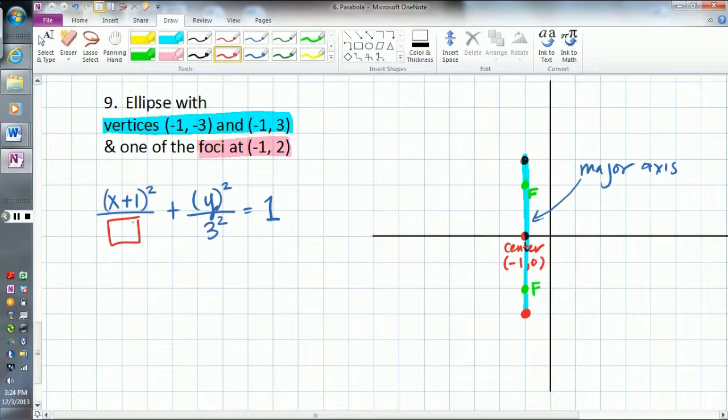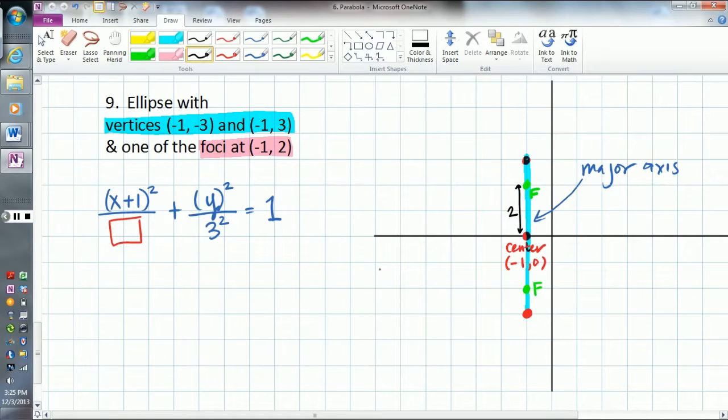So, I do know that the distance from the center to the focus is 2 units. And this helps me because I have this formula that says c squared, which in this case is going to be 2 squared, equals either a squared minus b squared or b squared minus a squared. In this case, it's the latter. And the thing that I need you to know is it's going to be the larger distance minus the smaller distance.